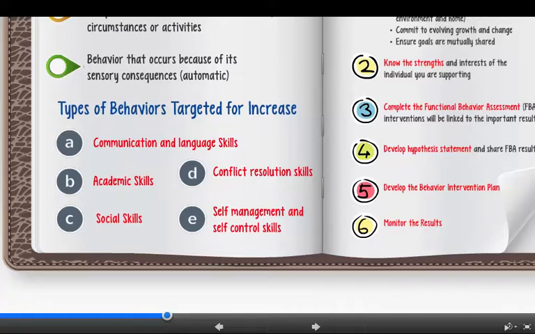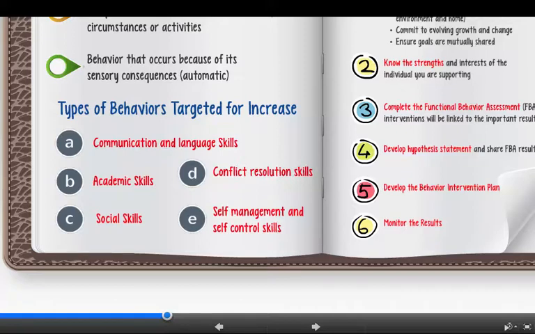Teaching appropriate social skills is critical. And social skills can fall into the category of nonverbal and also verbal. There's a number of things that an individual has to be explicitly taught in order to integrate appropriately into their culture and into social situations. So that's a class of behavior that's also targeted.